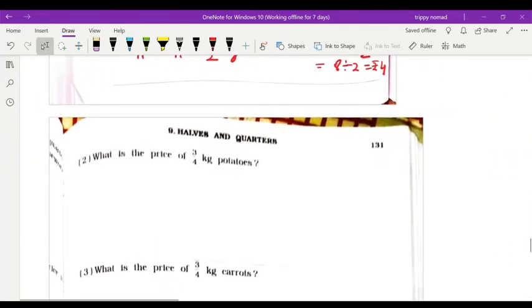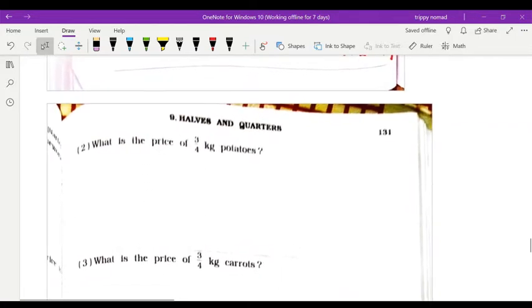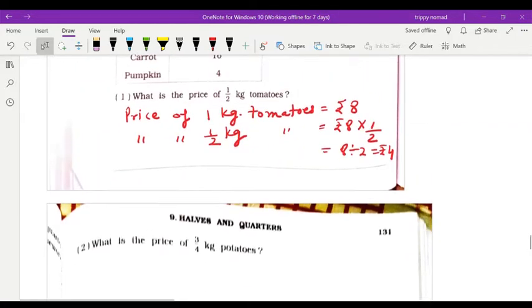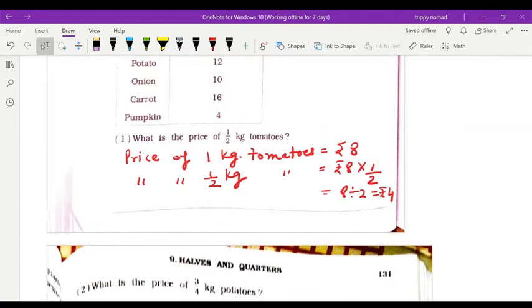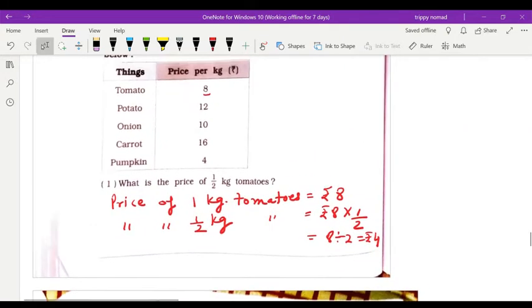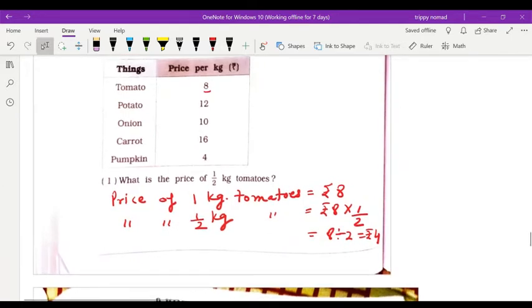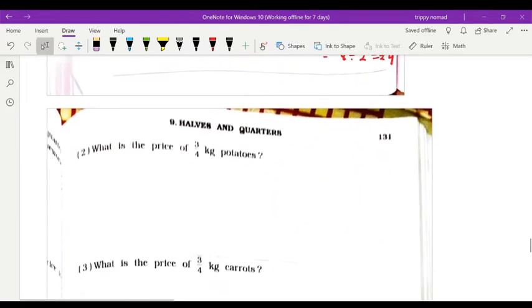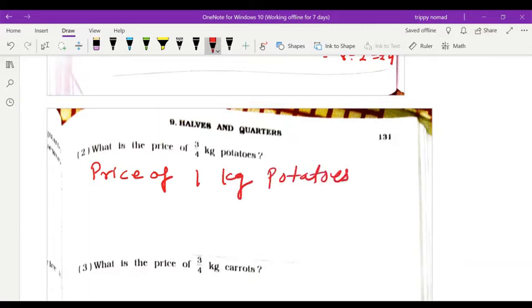Now, what is the price of 3/4 kilogram of potatoes, children? First of all, the price of potato per kg is 12 rupees. Price of 1 kilogram potatoes, 12 rupees.